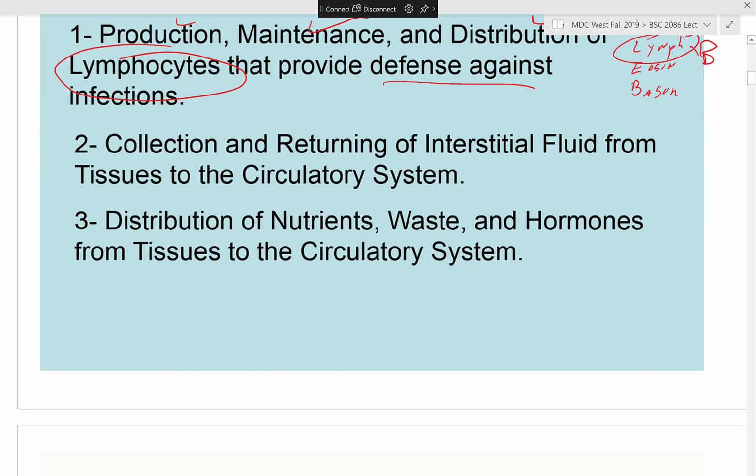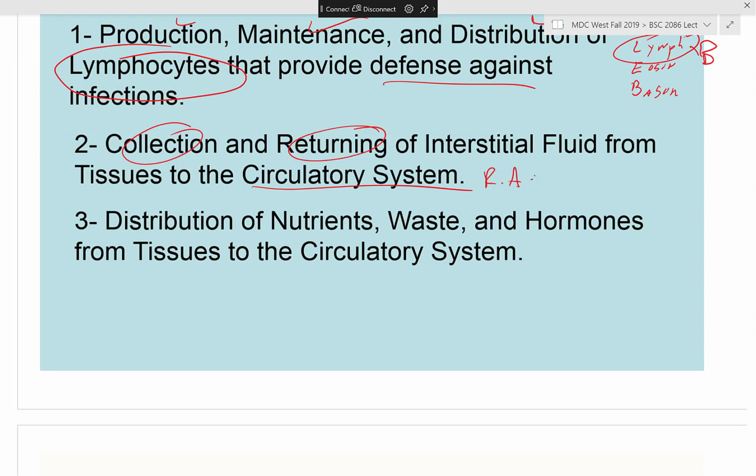As well, it's going to collect any excess amount of fluid that is in your interstitium, in between your tissues. So it's going to collect it, and it's going to allow that fluid to return back to the circulatory system at the level of the right atrium, where all the venous blood returns, correct?